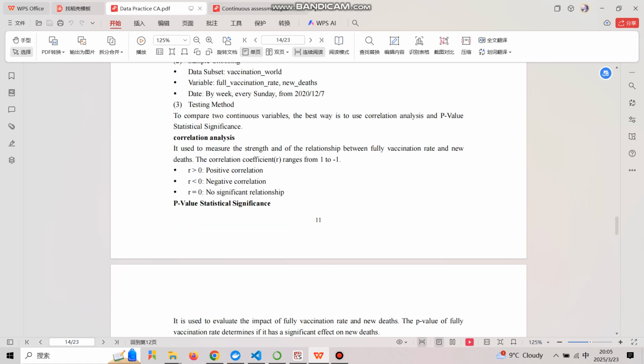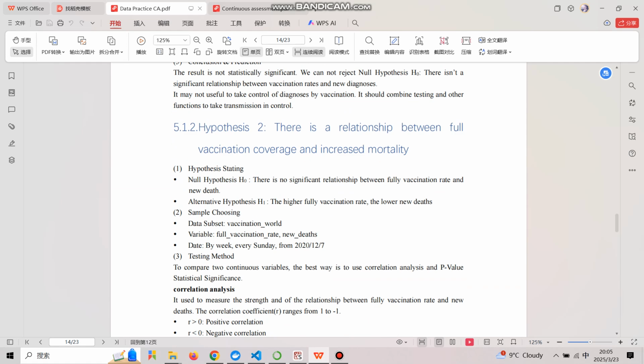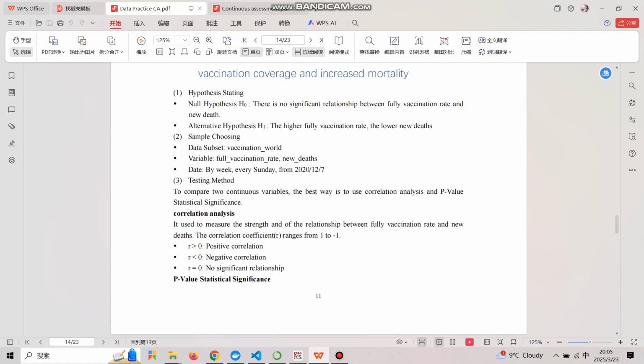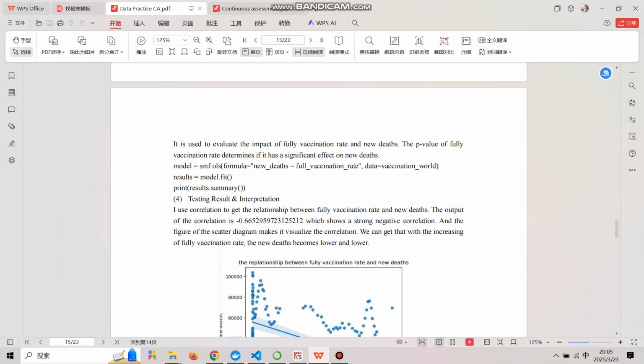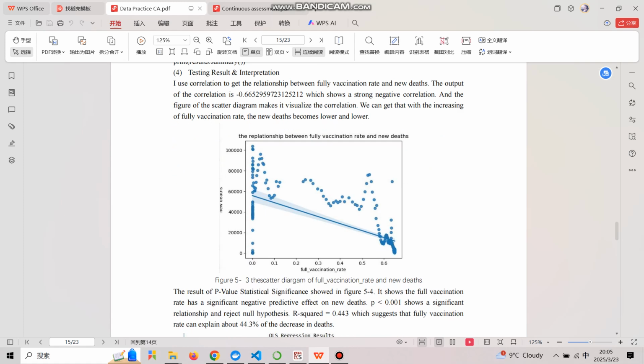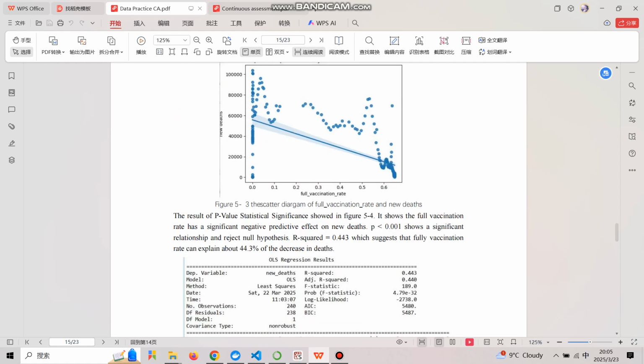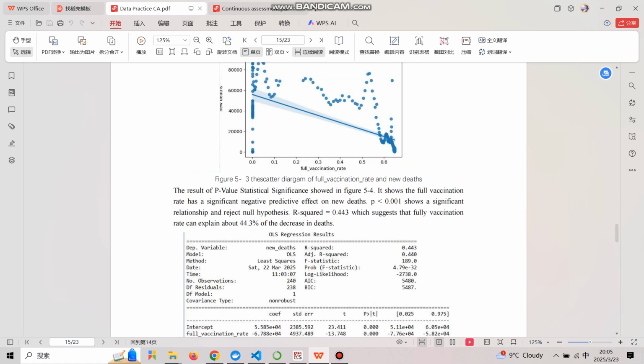Then I analyzed the relationship between full vaccination coverage and increased mortality, also using correlation analysis and p-value statistical significance, and it shows a positive significant relationship between full vaccination rate and new deaths.